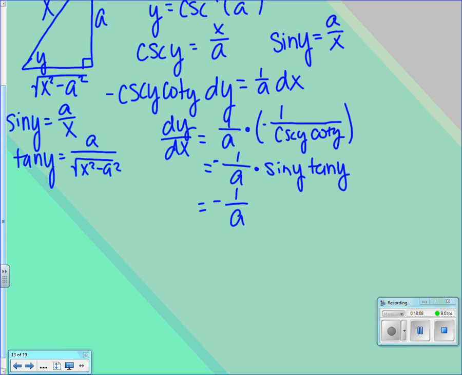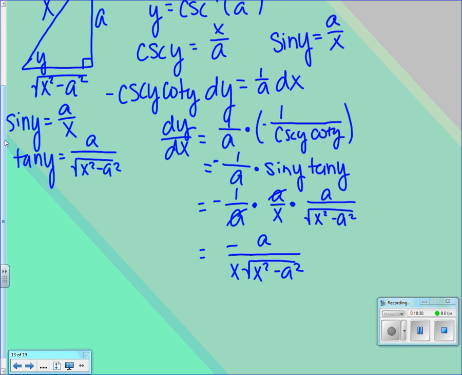We get negative 1 over a times a over x times a over the square root of x squared minus a squared. And so your a's will cancel, and we have negative a over x times the square root of x squared minus a squared. And so that would be your derivative here.